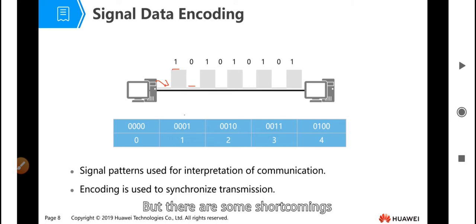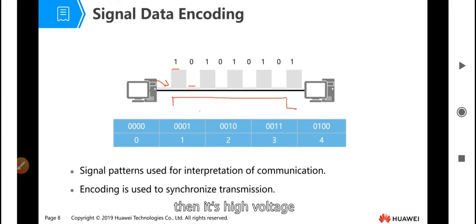But there are some shortcomings. For example, if there's a series of ones, then it's a high voltage. And because the clocking of the sender and of the receiver is not exactly the same, there's a deviation.